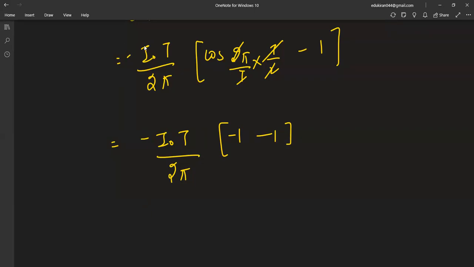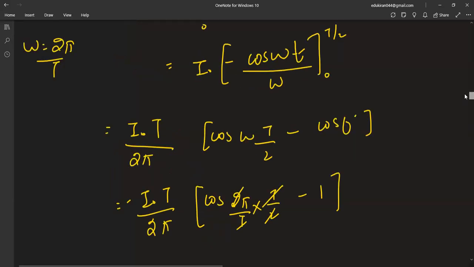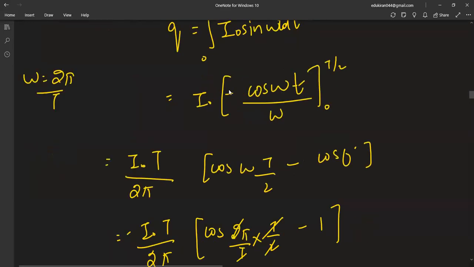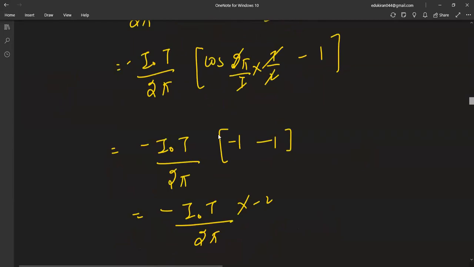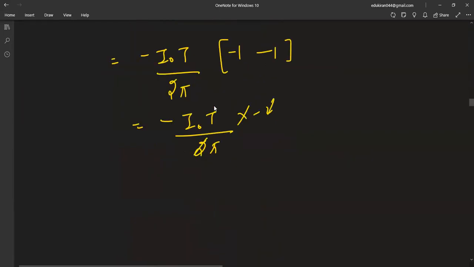So 2 gets cancelled, and this minus and this minus will get cancelled. So you will be left with charge equal to I naught T by pi.